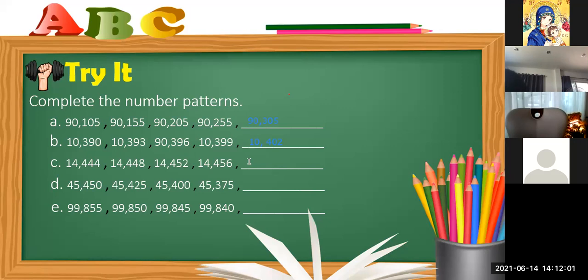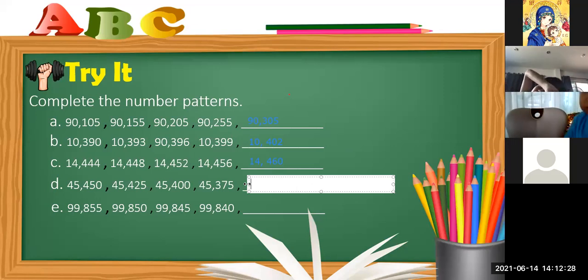Next, letter C. This one is plus 4, okay? Plus 4. So the answer here is 14,460. Because just add 4. And next, how about here? Is it plus or minus?